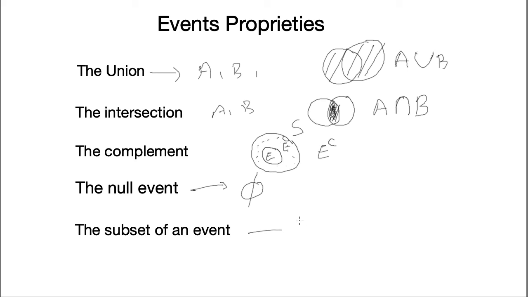For example, if we have two events E and F, the event E is a subset of the event F, and we note it by E subset of F.